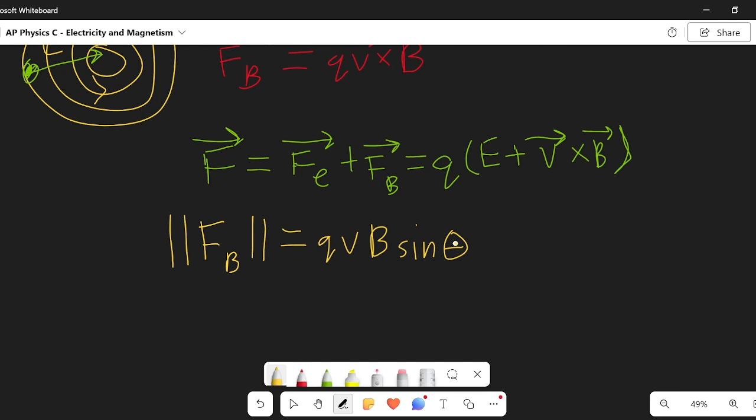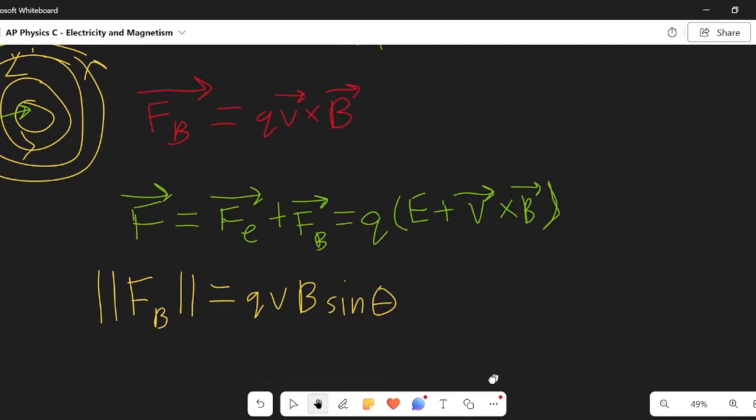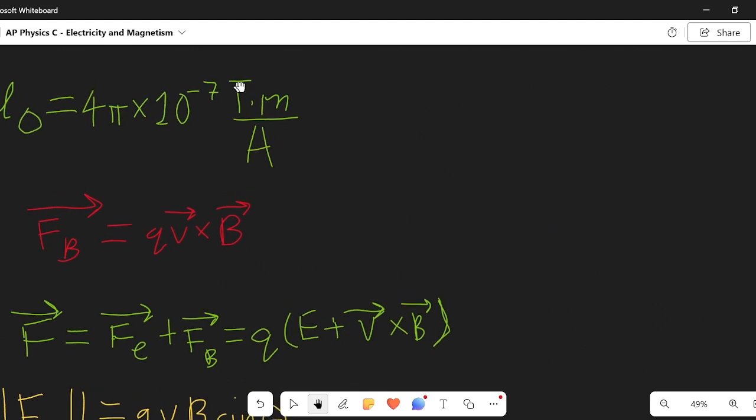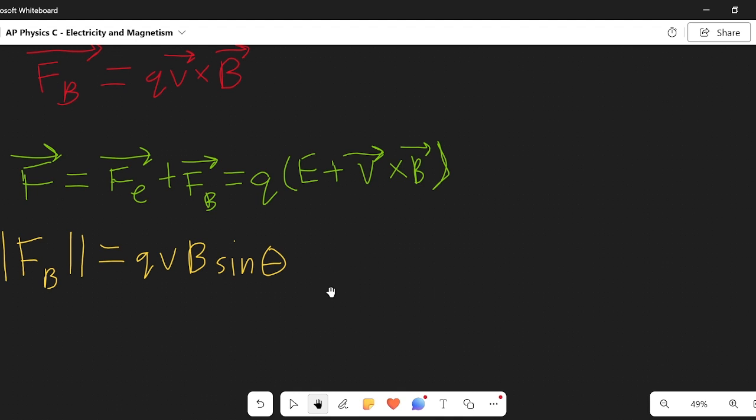So now if we analyze this, we can actually determine what Teslas are, right? Remember, we introduced a unit called Teslas up here, right? We said that is Teslas times meters over A. And Tesla is actually the unit we use to define magnetic field. So we can use this equation to derive the units for Teslas.